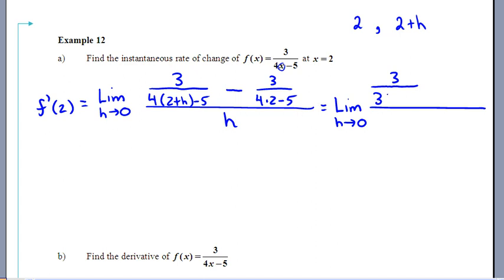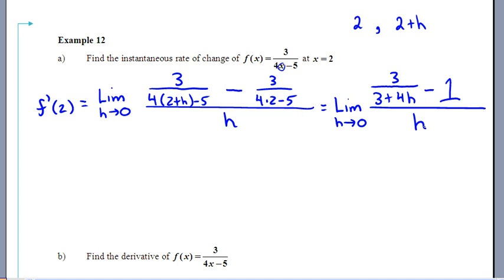This is like 3 plus 4h. And then we're going to have this. I can write that as, what do we have here? 3, and then 8 minus 5 is 3. Oh, that's 3 on top of 3. That's just a 1. Okay, great. And all of that sitting on top of an h. So you've got a fraction inside a fraction.